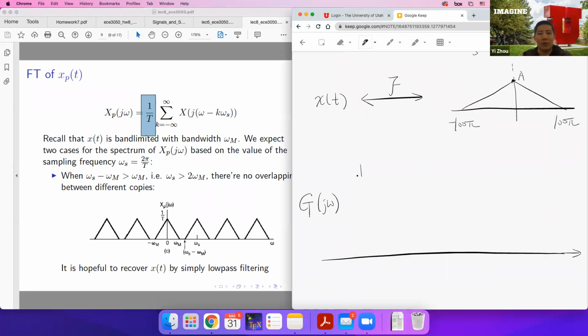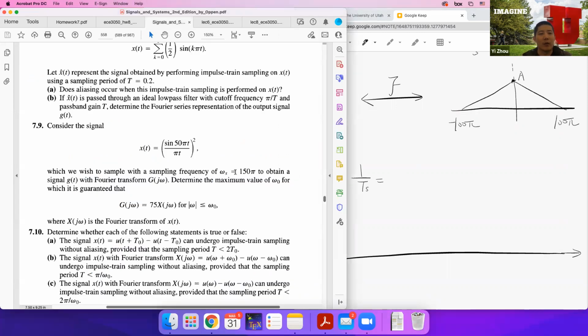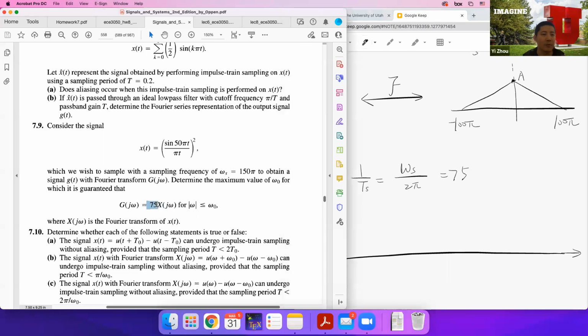Now 1 over Ts: omega_s is 150 pi. So 1 over Ts is 1 over omega_s over 2 pi, which is 75. Okay, so that's why we have this magic number 75 here.